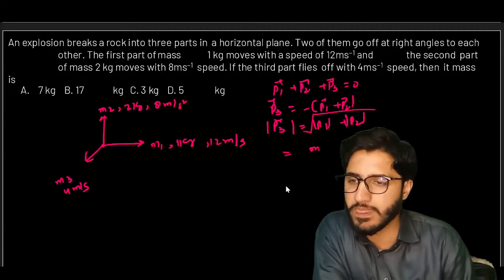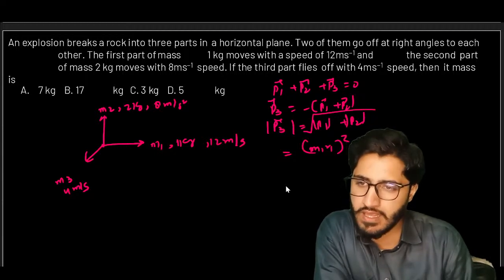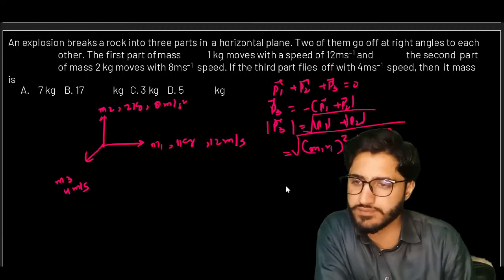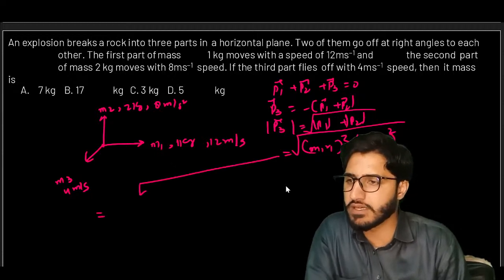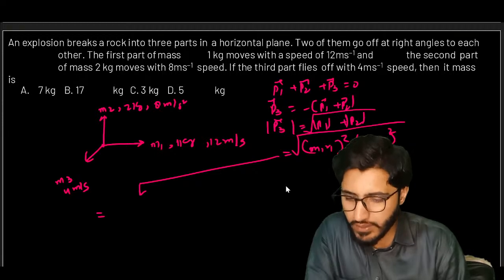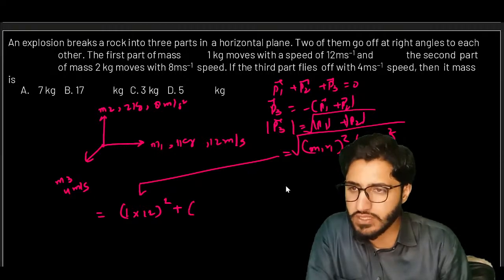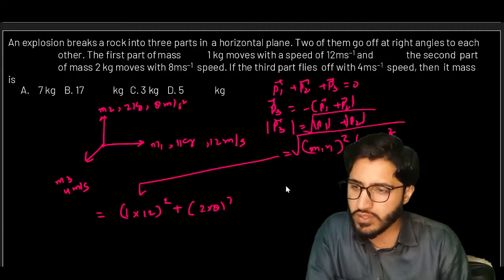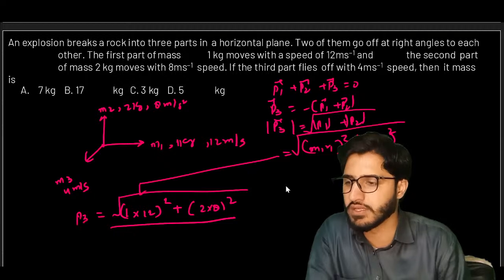What is P1? m1 v1. m1 is given to be 1, so I can write 1 into 12 whole square plus m2 into 8 whole square, under root. And P3 is m into 4.